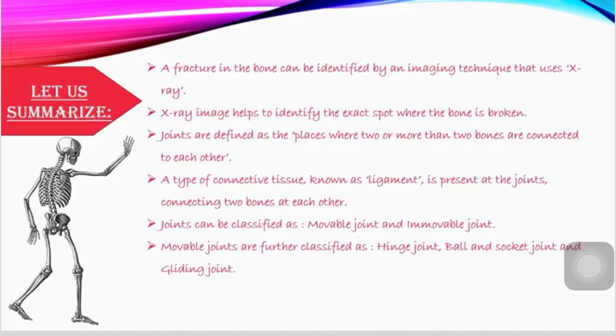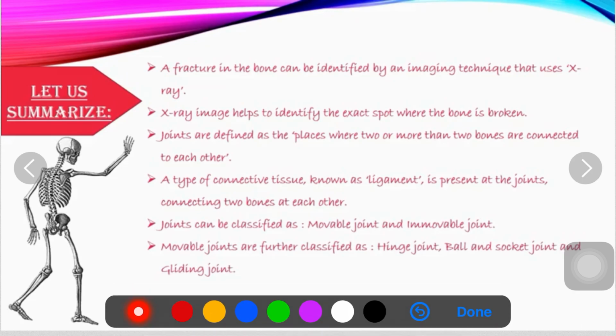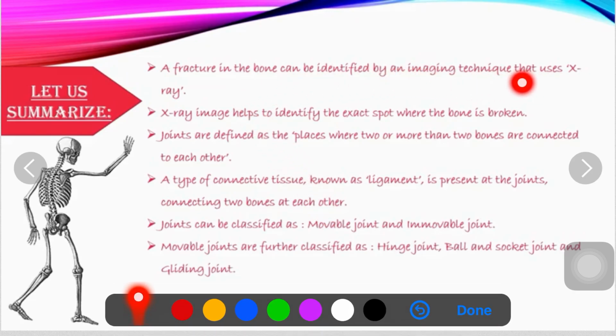A fracture in the bone can be identified by an imaging technique that uses X-ray. An X-ray image helps to identify the exact spot where the bone is broken. Joints are defined as the places where two or more than two bones are connected to each other.